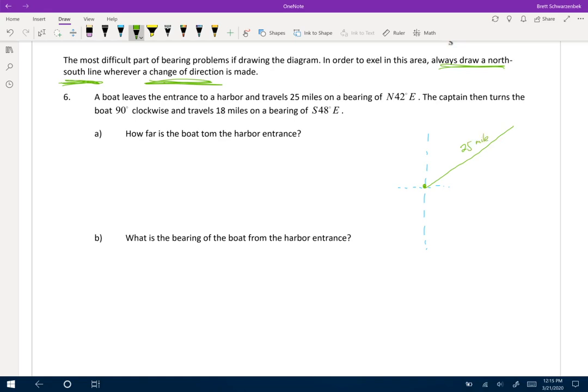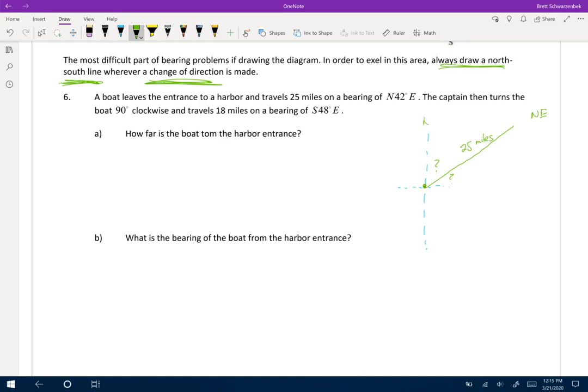We need to fill in the angle or the bearing for this. They're saying northeast, so we're obviously in the northeast quadrant over here, but we're going 42 degrees. So the question is, is it going to be this angle or this angle? Well, you just learned that we only measure to the north-south line.